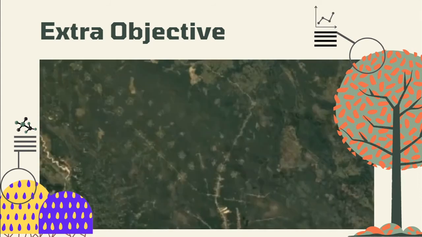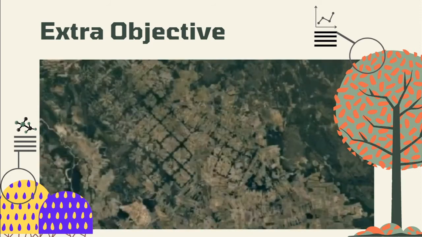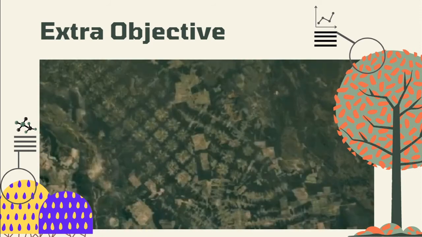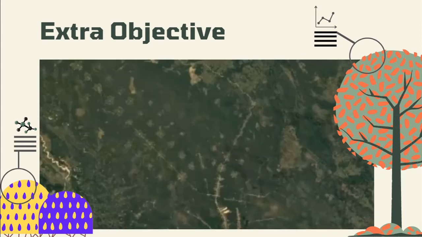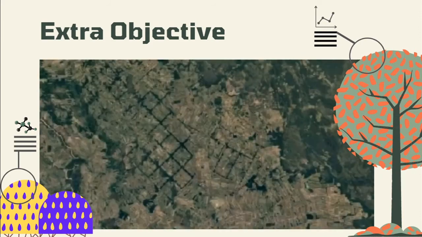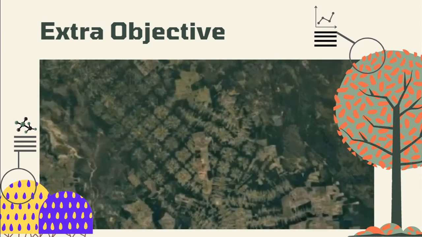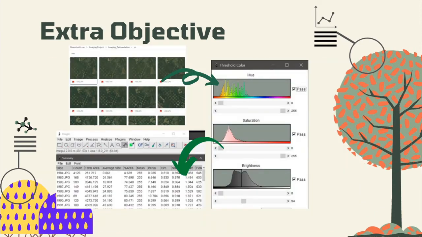A series of images of this particular region were taken from 1984 to 2018, which shows significant deforestation. In order to know how much deforestation happened, we tried to quantify it by detecting the deforested area as well as the forested area.